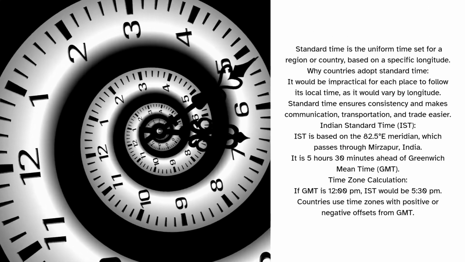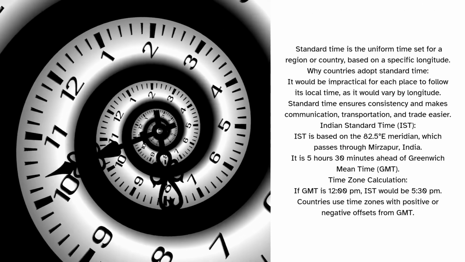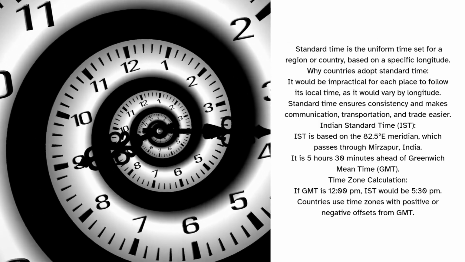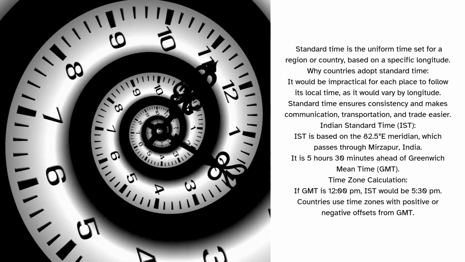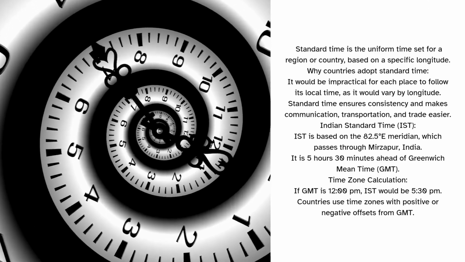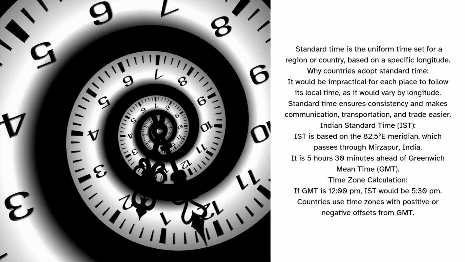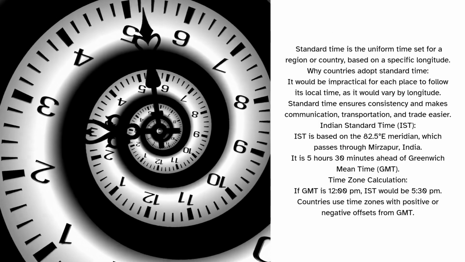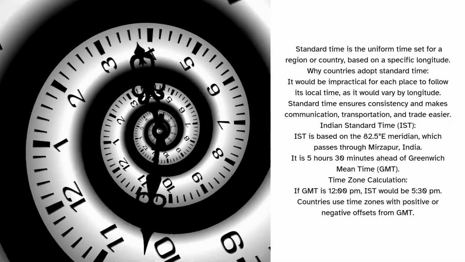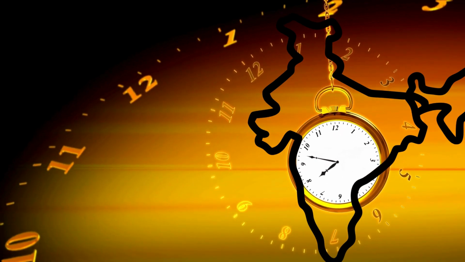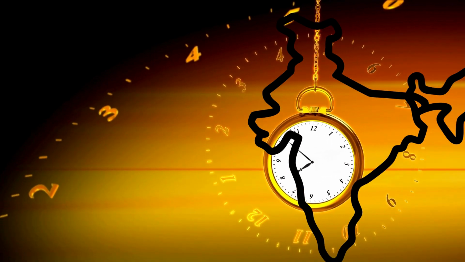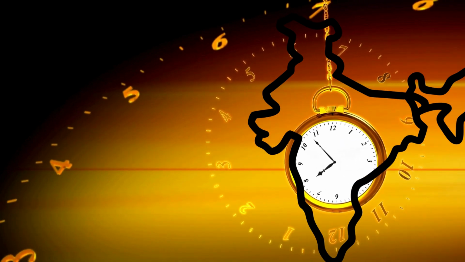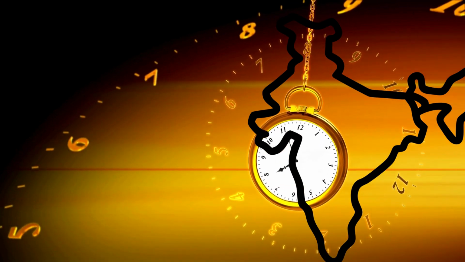So standard time ensures consistency and makes communication, transportation and trade easier. Indian Standard Time is based on the 82.5 degree meridian, which passes through Mirzapur, India, and it's 5 hours 30 minutes ahead of Greenwich Mean Time. So in time zone calculations, if GMT is 12 pm, IST would be 5:30 pm.